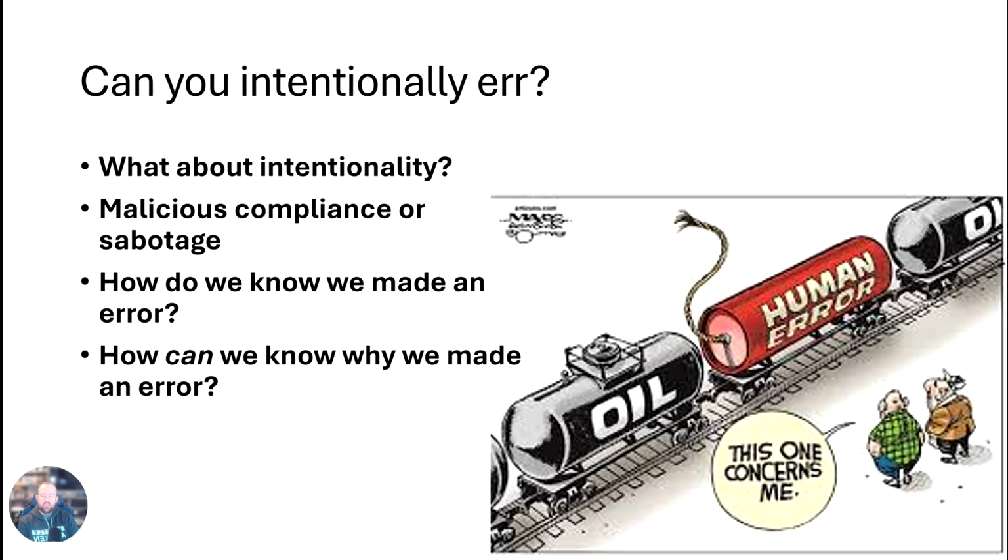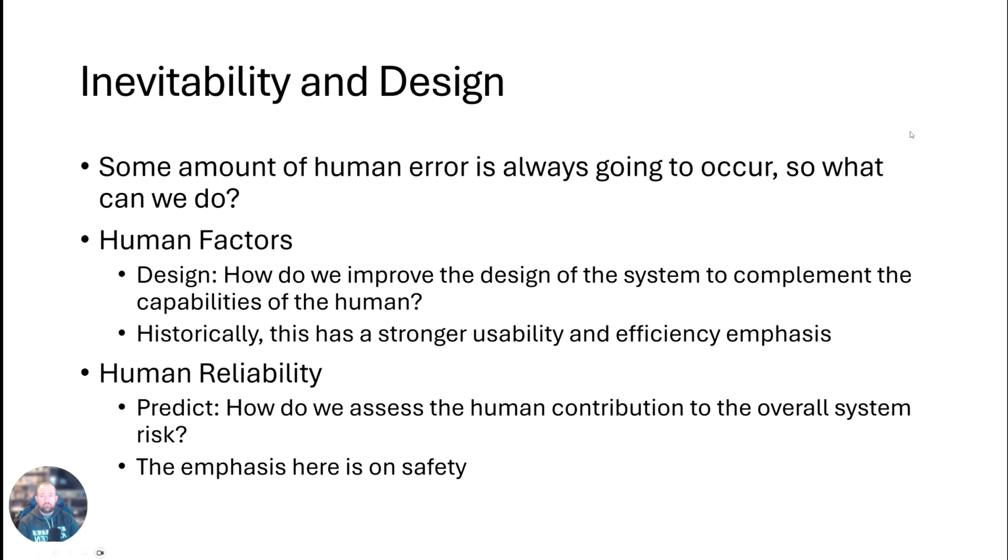And so that's kind of the inherent tension of what we're doing here, and why it's important to really be conscientious as we go into this. A lot of times people want there to be a human error, but in a lot of instances there just isn't one. It could be that that person was set up to fail, or the design was inadequate, or different things like that. So we always have to keep that in mind.